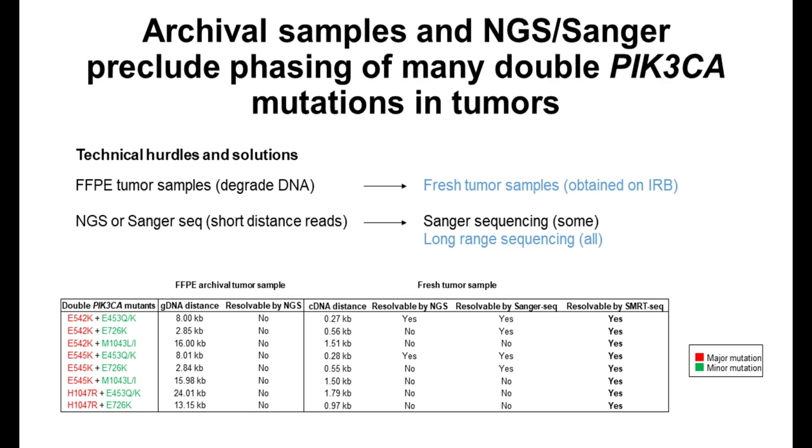The first is that most tumor samples are preserved as FFPE, or formalin-fixed paraffin embedded. This procedure degrades DNA into very small fragments comprising about 200 base pairs. Therefore, any mutations that are further apart in the gene than 200 base pairs, which it turns out all of the most frequent double mutation combinations that we observed are, it's impossible to phase these mutations from archival samples.